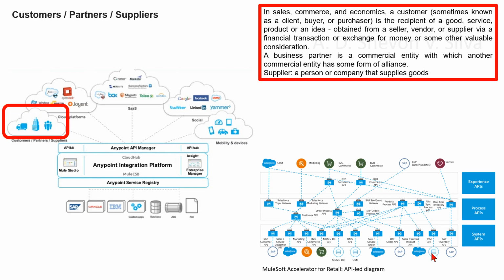Here the PIM API interacts with the PIM sync process API, and the PIM sync process API interacts with the product process API, and the SAP inventory API interacts with SAP inventory. The B2C commerce API interacts with the real-time inventory API. The real-time inventory API interacts with Service, B2C commerce, and CRM.